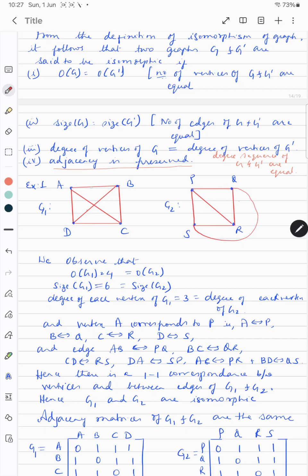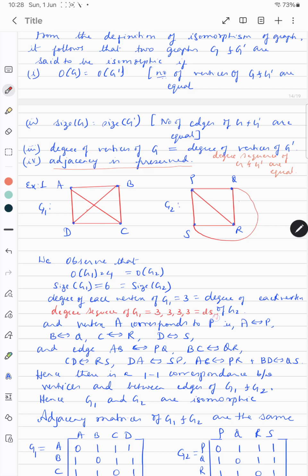Then how many edges are there? There are 6 edges in G1, 6 edges in G2. So the size of G1 is equal to the size of G2. Now, if you see the degree sequence of G1, it is 3, 3, 3, 3, which is equal to the degree sequence of G2.